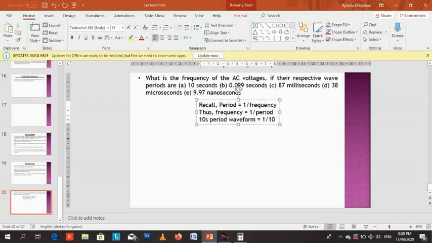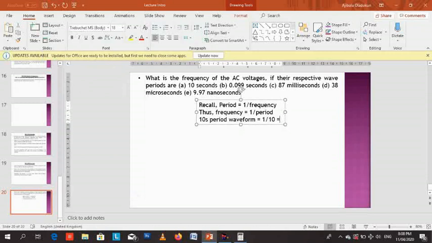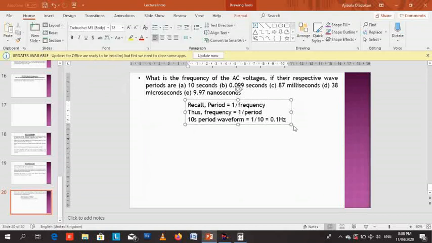So you have 1 over 10 seconds, which should be 0.1 hertz. Let's confirm with the calculator: 1 divided by 10 is 0.1. Yes, 0.1 hertz. Hertz is written Hz, with capital H and small z, not both small and not both capital. So 0.1 hertz is a very slow signal. Let's go for the next one.